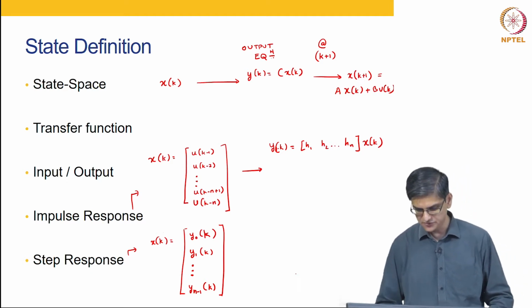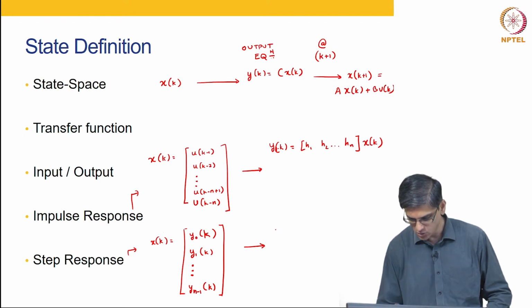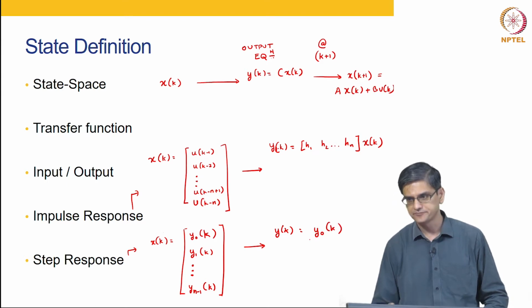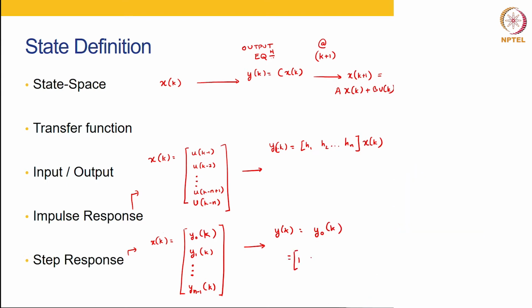So, if this is the definition of the step response model, what is going to be our yk? yk is just going to be equal to y0k, which is nothing but 1 0 0 0 multiplied by xk. Do not worry about this. How all of this comes, we will talk about in the next 10 to 15 minutes.